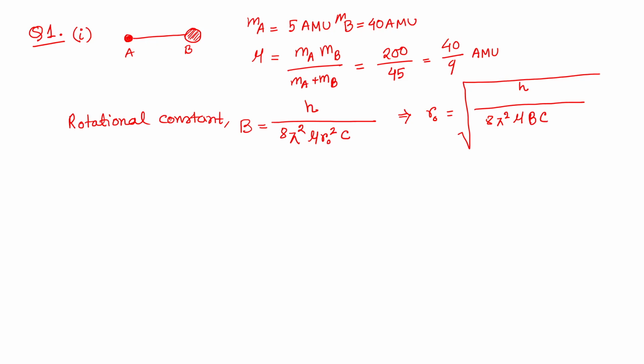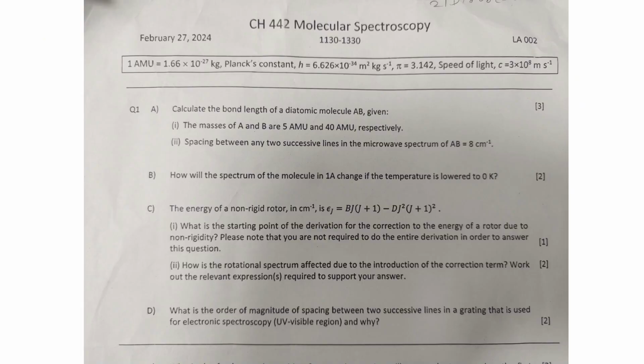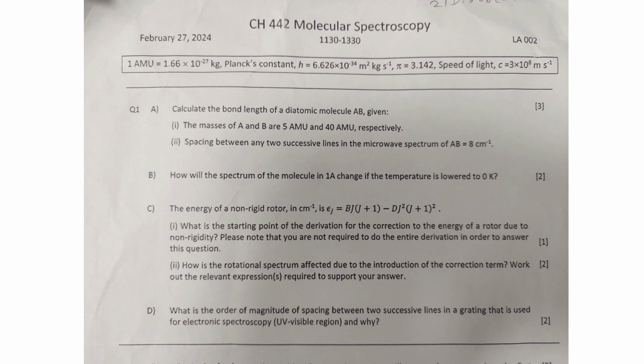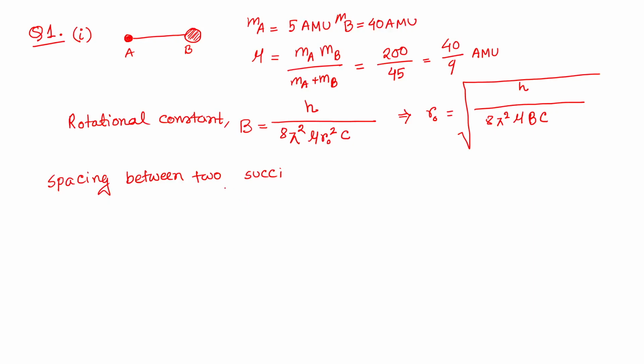Then you need to know the value of B, but it is already given that the spacing between two successive lines in the microwave spectrum of AB is 8 centimeter inverse, and we know that the spacing between two successive lines is 2B, so 2B is 8 centimeter inverse. In microwave spectra it is given.